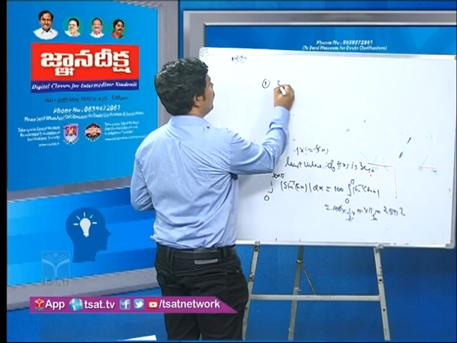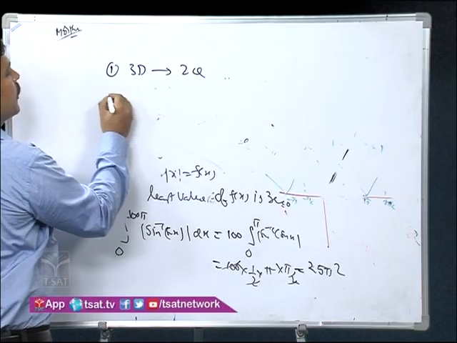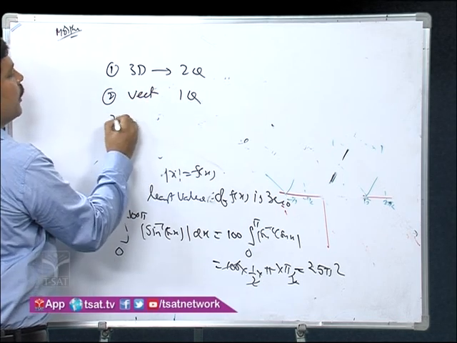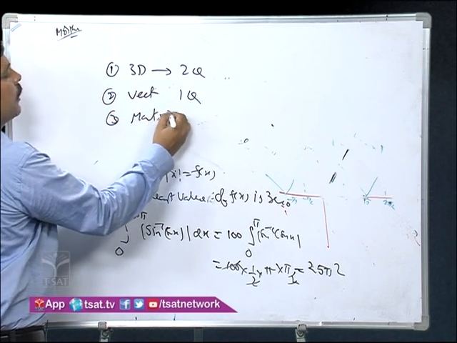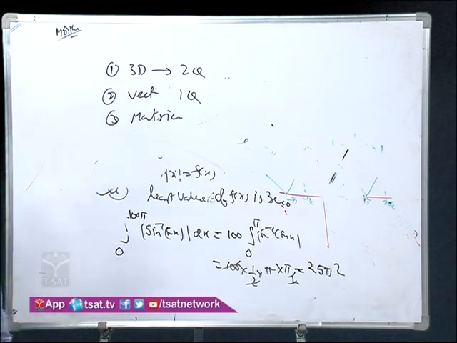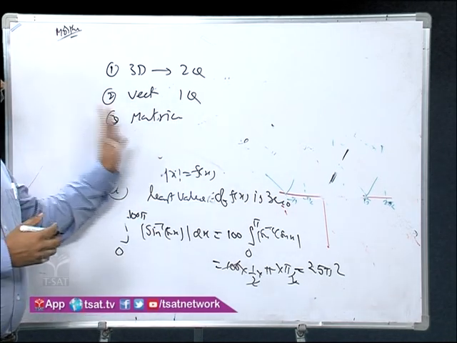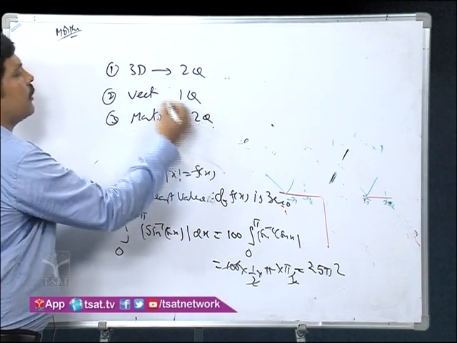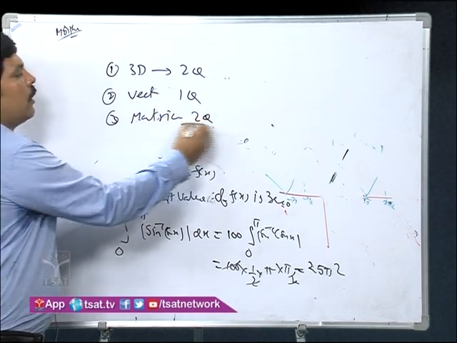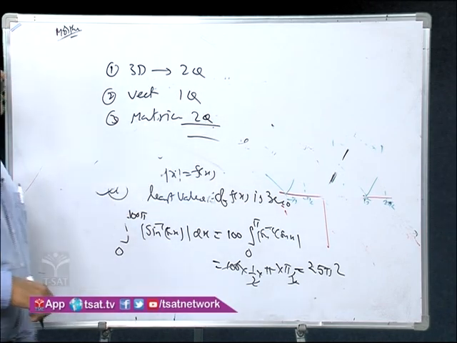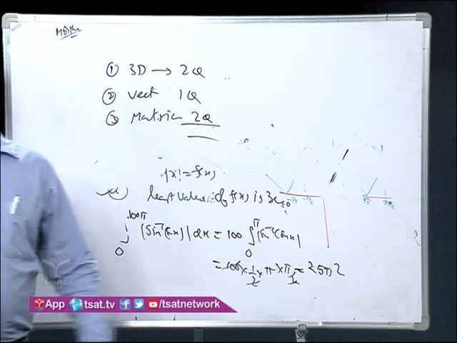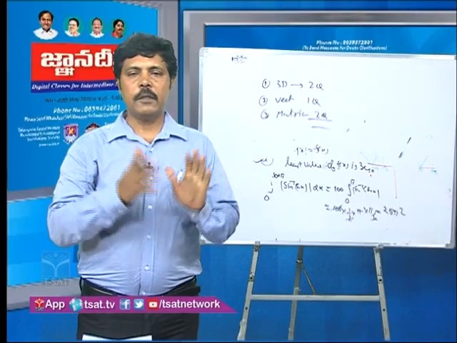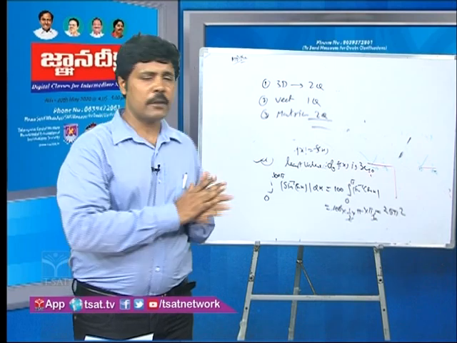First, 3D geometry, 2 questions compulsory; vectors, 1 question compulsory; matrices, with linear equations, 2 questions. In these 3 lessons, 5 questions are asked in JEE Mains compulsorily every year. So please concentrate on these 3 topics.